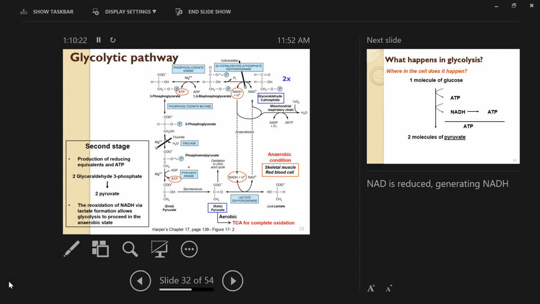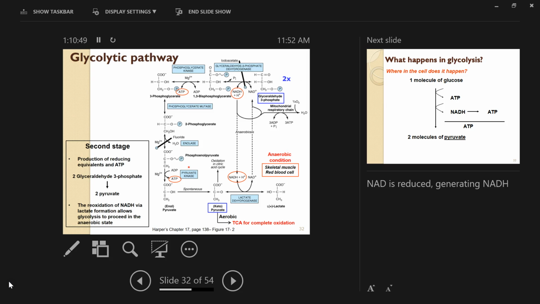But if you can remember, that's okay. If not, at this stage, that's fine. Red blood cell is the typical anaerobic condition. And besides the final product, there are other things that are different.